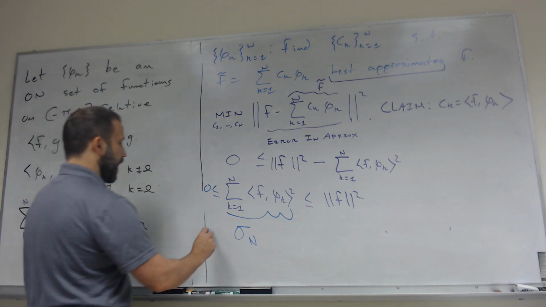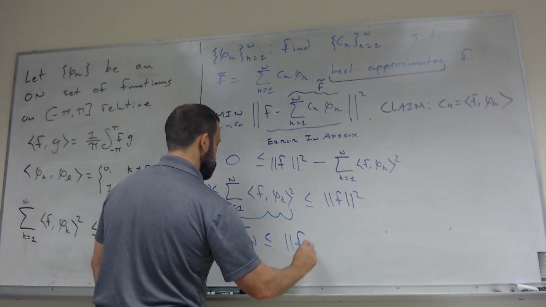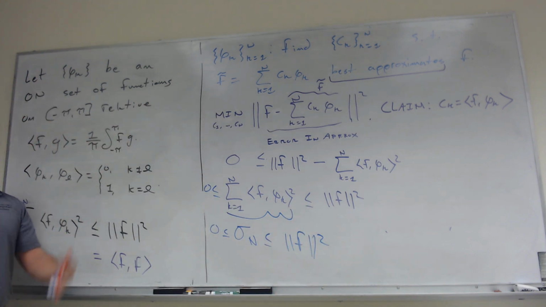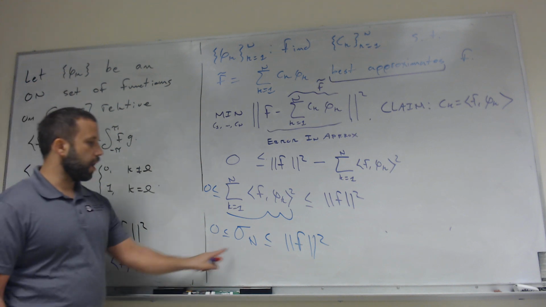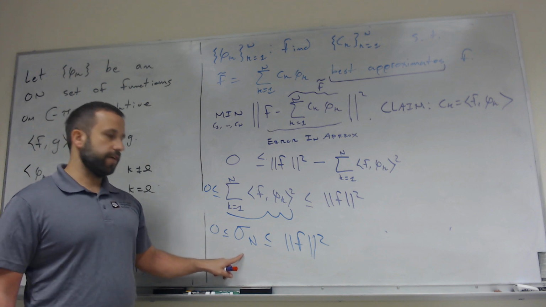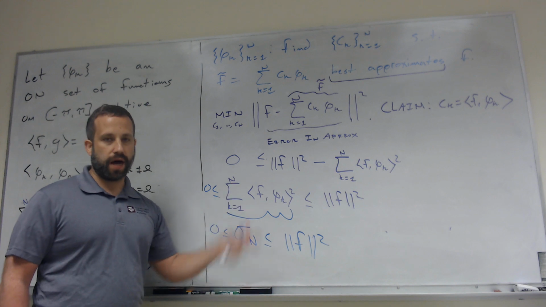So in other words, my sigma n sequence is bounded below and bounded above. But I also know that it's an increasing sequence, because what is the difference between sigma n plus 1 and sigma n? It's just adding another positive term.